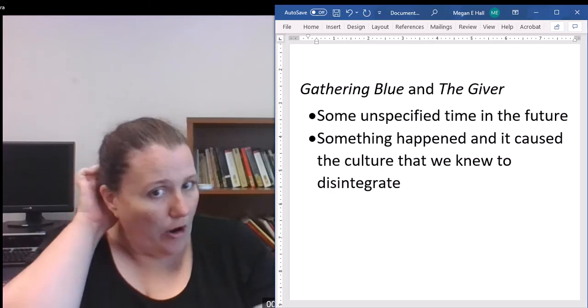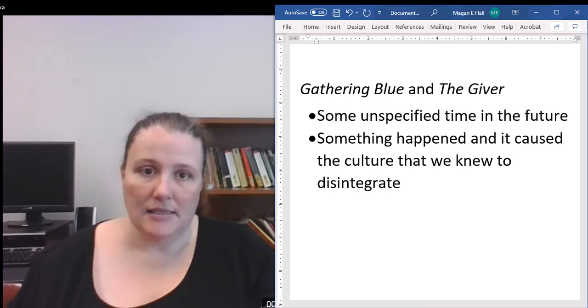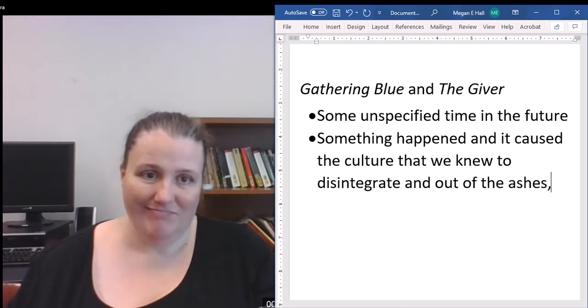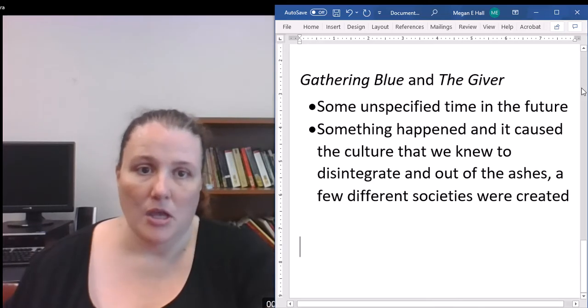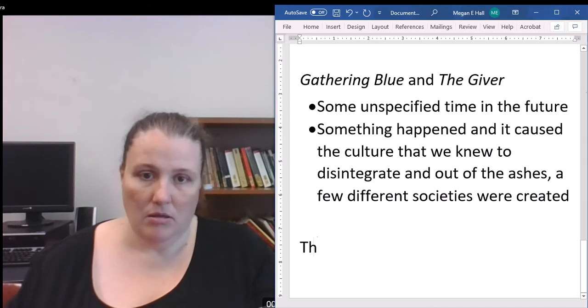And therefore, a few different societies came up. And out of the ashes, a few different societies were created. So, we'll talk about The Giver first. Some of the details in The Giver.